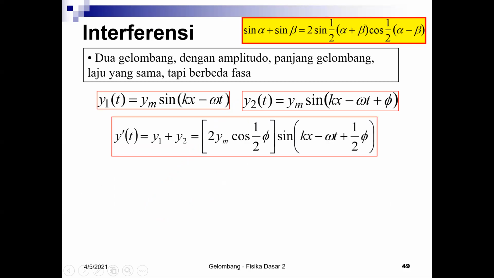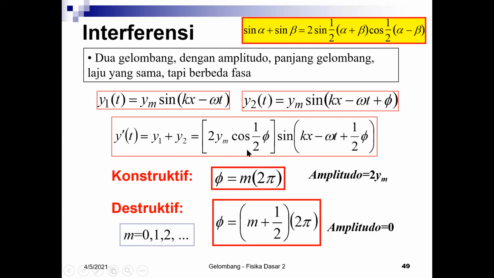If we add these two wave functions, we get this equation. This is somehow the amplitude function, in the sense that the amplitude is no longer a constant but depends on phi, the phase difference.